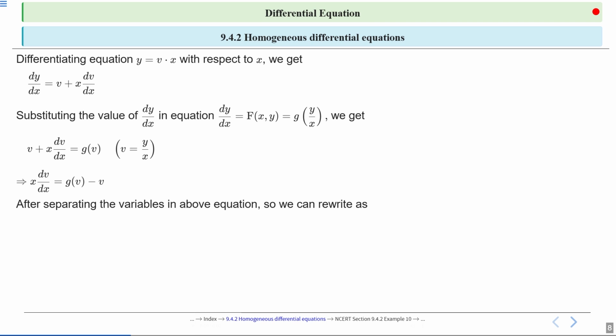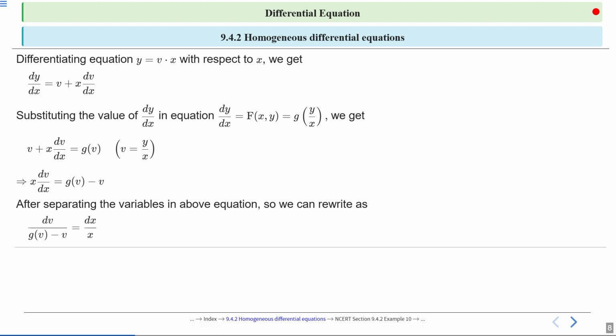So now apply the procedure of the variable separable method. We can separate the variables as in the variable separable method: write the terms with y with dy and all the terms with x with dx. So here write the terms with v with dv and all the terms with x with dx.